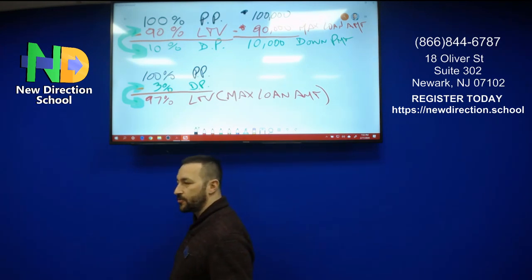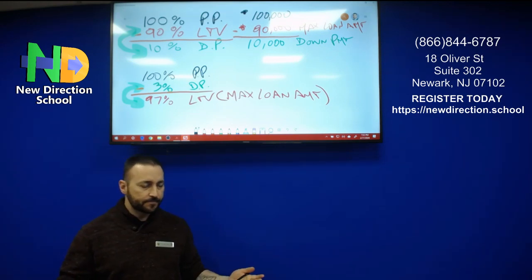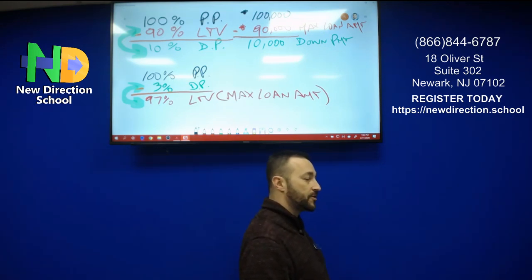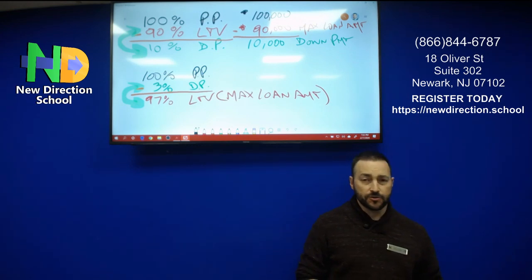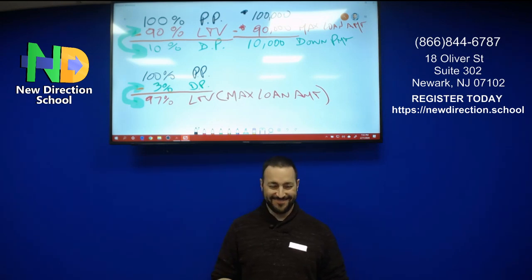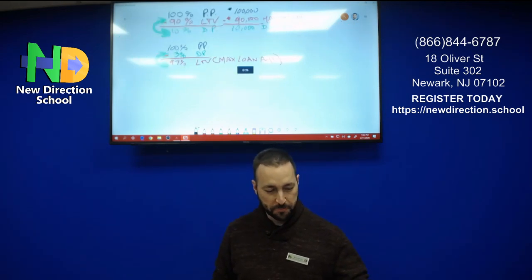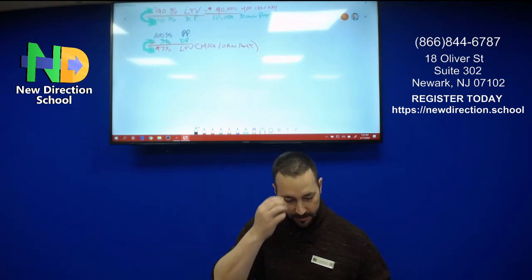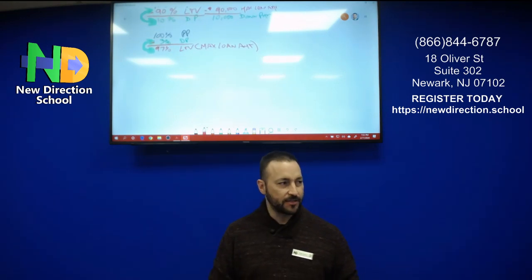So if you bought a house for $300,000, let's say the state average, $300,000, and the down payment was 3%, how much is the loan amount? I'm going to put it right here, and you guys are going to calculate it. You have calculators, right?